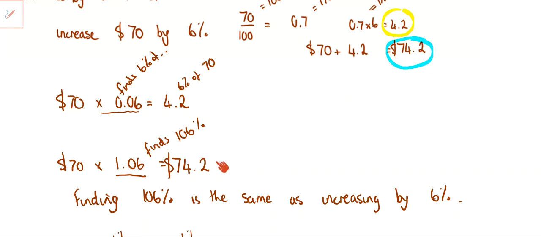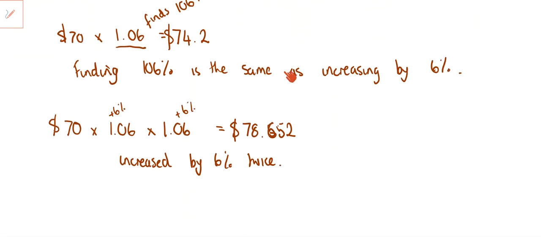Make sense? So what I then said was, if I do 70 times 1.06, just that calculation will tell me the amount after year 1. If I times it again, that would be the amount after year 2.